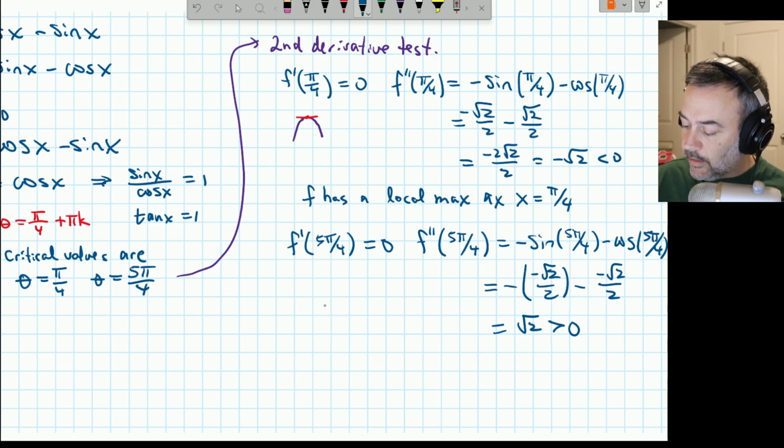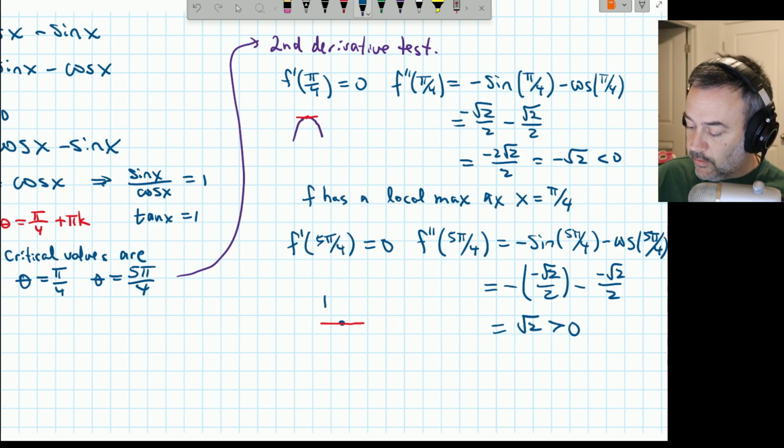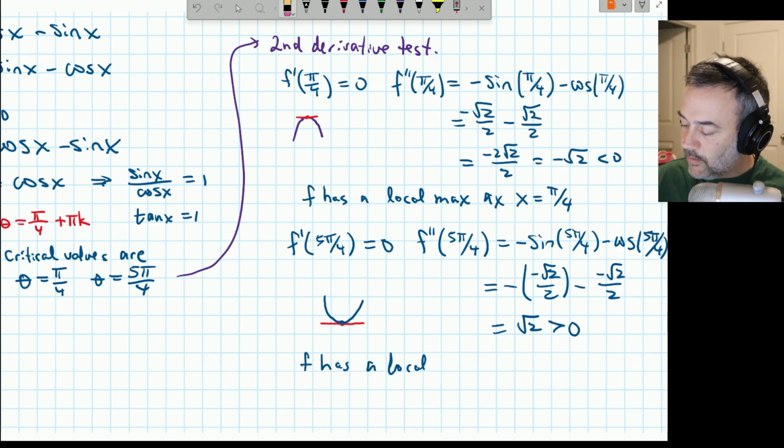Therefore, the picture looks like this. I've got my critical point, and the tangent line is horizontal, and it's concave up at that point because the second derivative is positive. So f has a local min, sorry, not max.